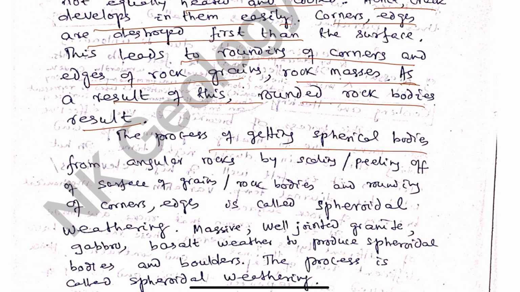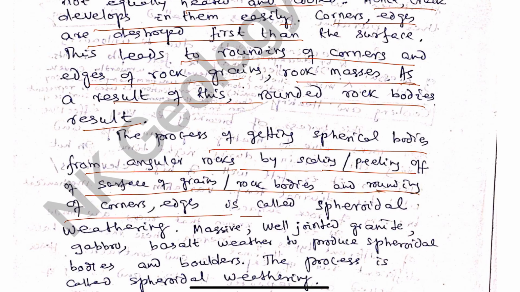The process of getting spherical bodies from angular rock grains through scaling, peeling of rock surfaces by the process of exfoliation, and the rounding of corners and edges is called spheroidal weathering.